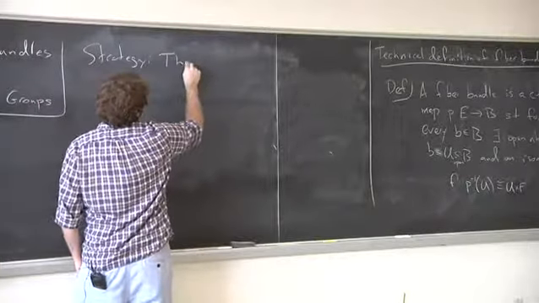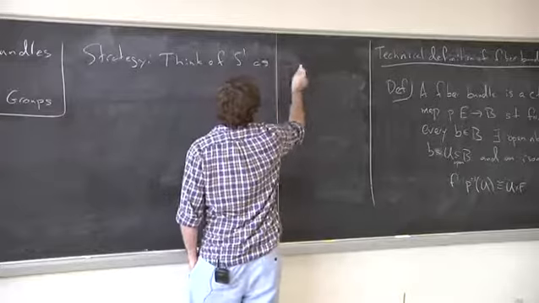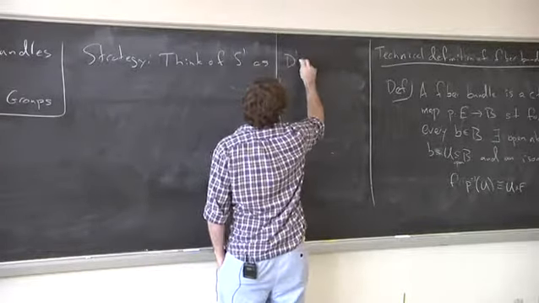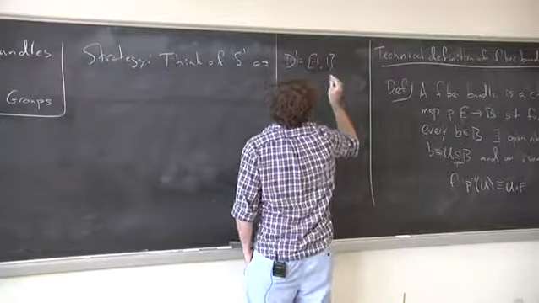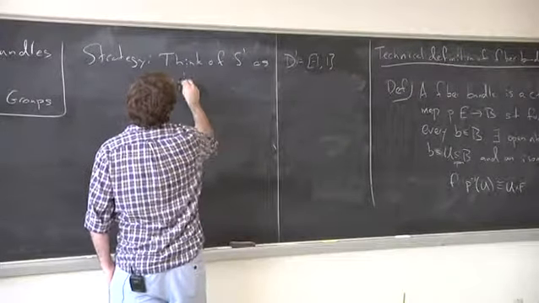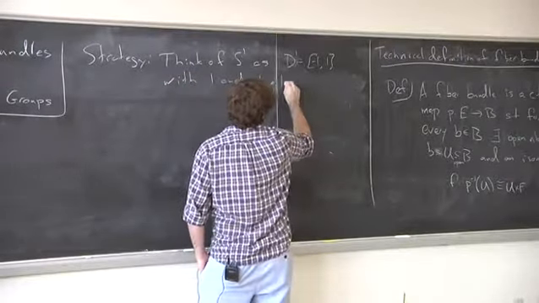We're going to think of the circle S1 as the interval D1. I like to use -1 to 1 with 1 and -1 glued together.